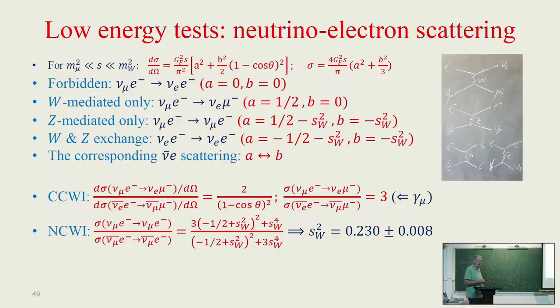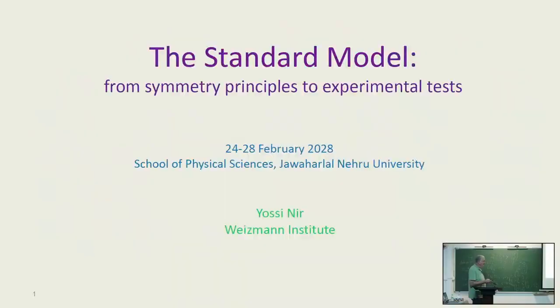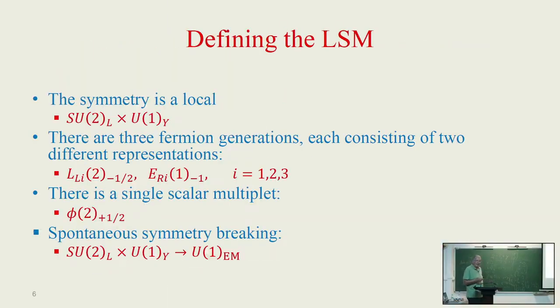So let me summarize the leptonic standard model in this way. We started from a definition: these 4 lines. I'll put it on 3, but okay, I'm generous and put it on 4 lines. The imposed symmetry, the fermionic content, the scalar content, and the requirement that there is spontaneous breaking.